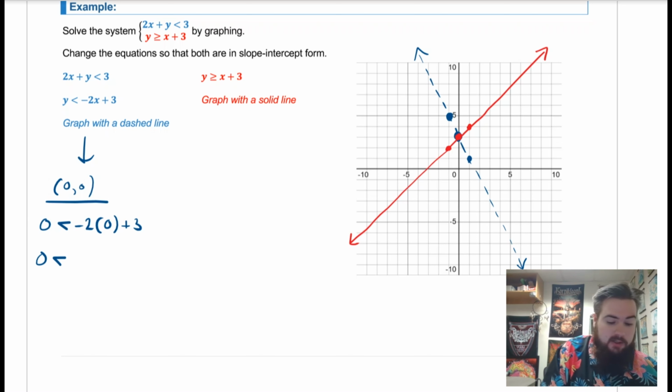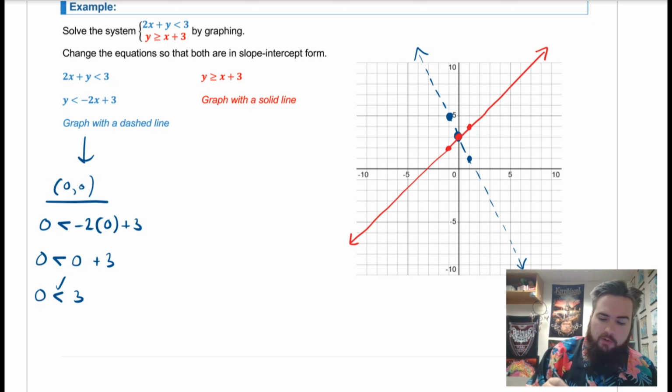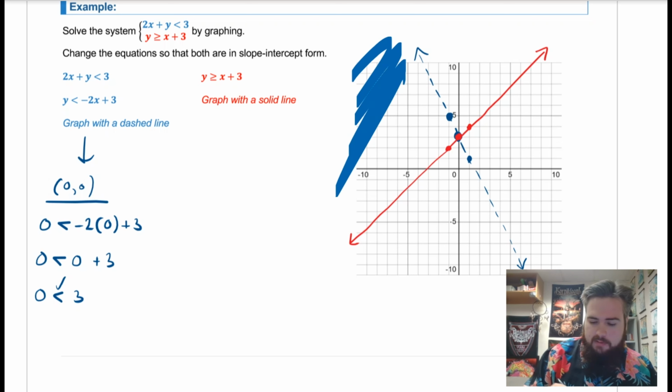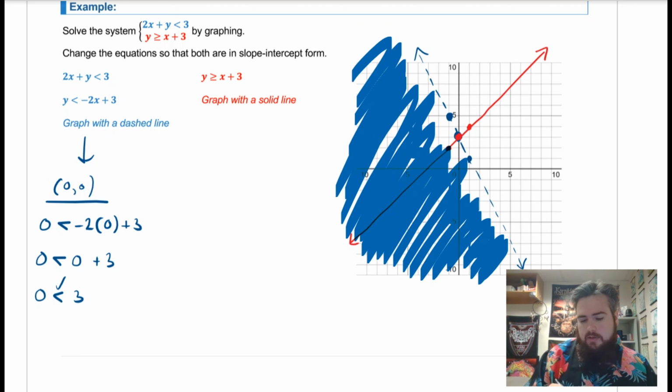Negative 2 multiplied by 0 is just 0. And I get 0 less than 3, which is a true statement. That means everything on the side of the dashed line that includes (0, 0) would be a set of solutions for that first inequality. So I'll graph that in blue here. Just like that.